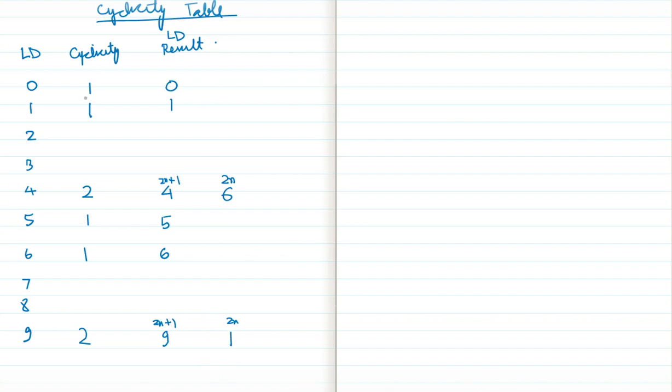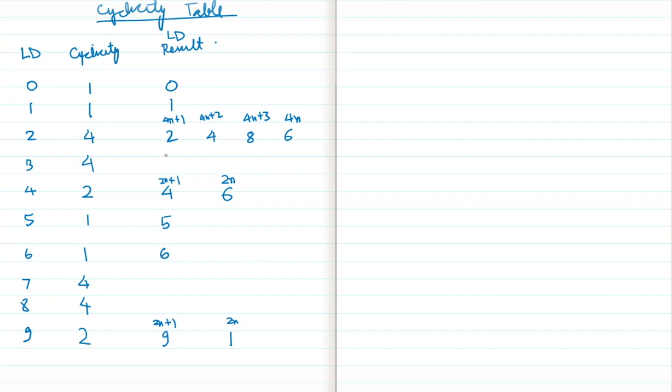For the remaining 2, 3, 7 and 8, the cyclicity is 4. So whenever it is 4n plus 1, you would get 2, then 4, then 8, then 16 and then back again. So you have 4n plus 1, 4n plus 2, 4n plus 3 and 4n.